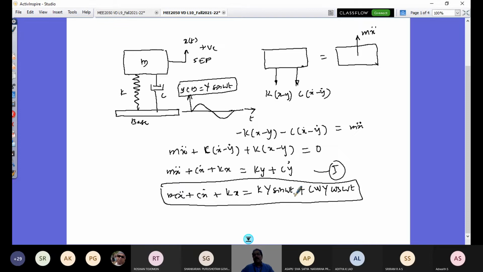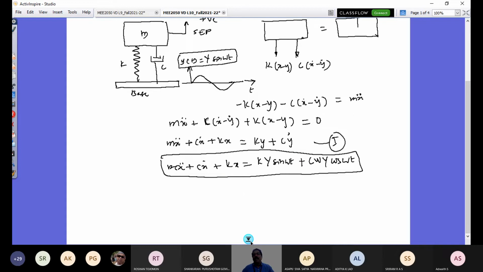So this side, instead of kY sine omega t plus c omega Y cos omega t, I'm going to replace this by an amplitude A times sine of omega t plus alpha, instead of writing it, mx double dot plus cx dot plus kx.